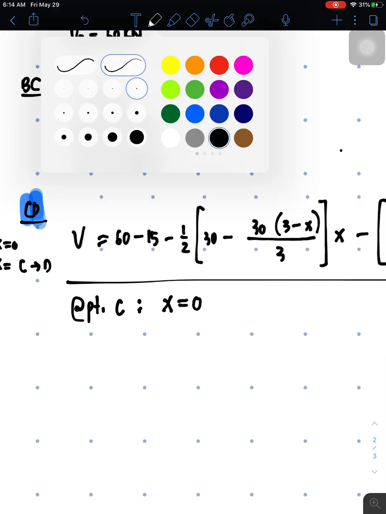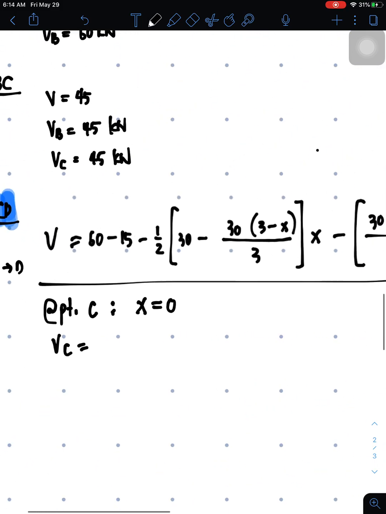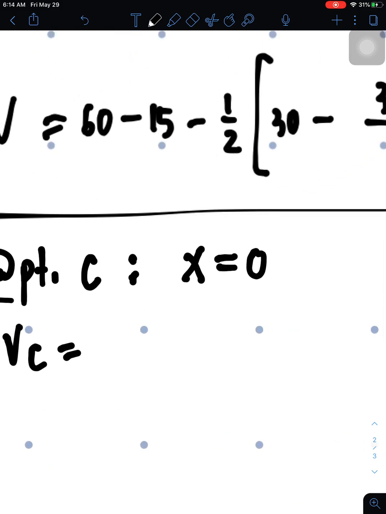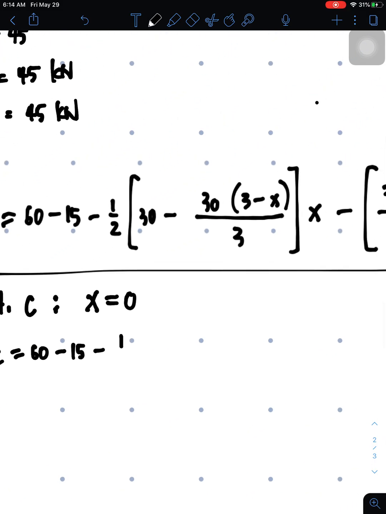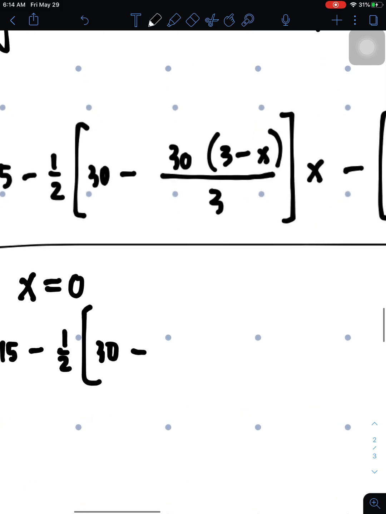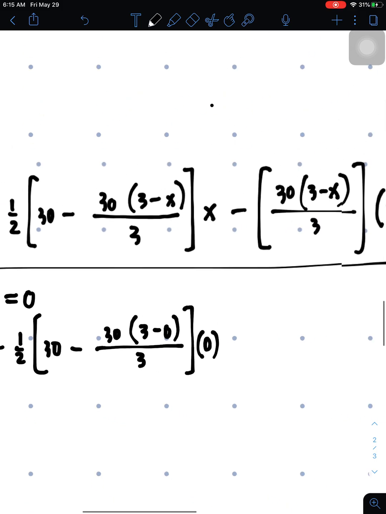Let us continue. When x is equal to 0, VC is how much? So all you have to do is copy: 60 minus 15 minus 1/2 times 30 minus 30 times 3 minus 0 over 3, to be multiplied by 0.